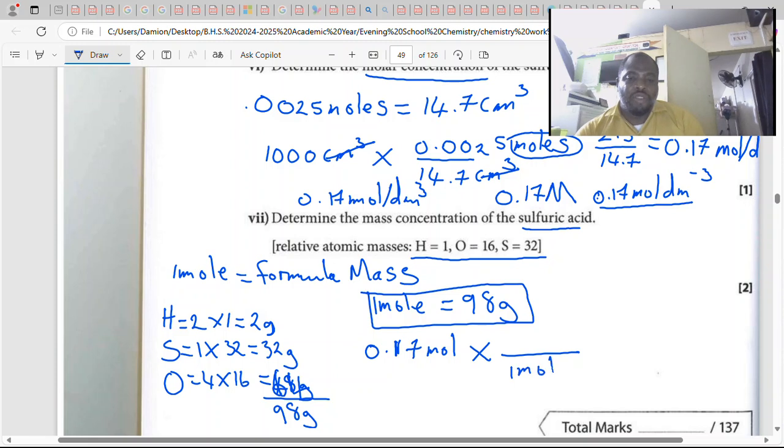So 1 mole over 98 gram. Mole cancels mole. And it did ask us for grams. And since we're dealing with how much is in 1,000, that is mass concentration. So 0.17 times 98 gives us 16.66.